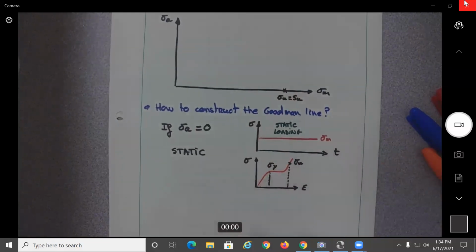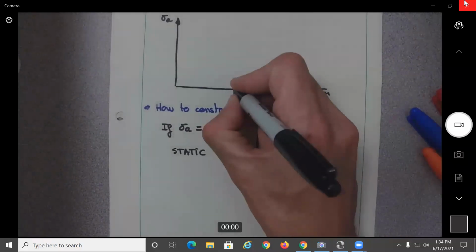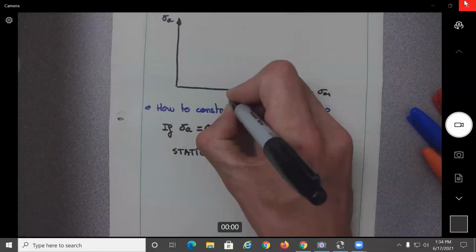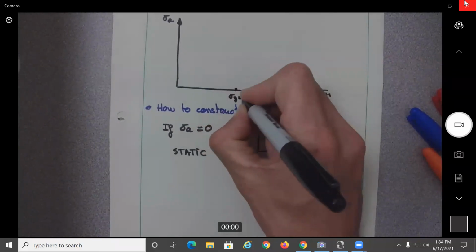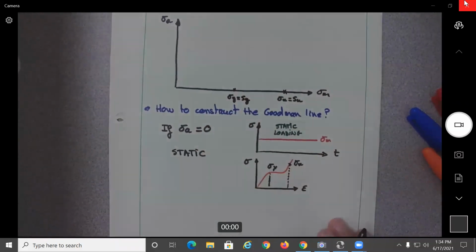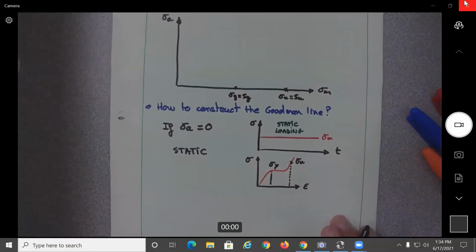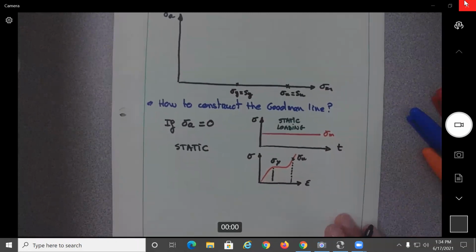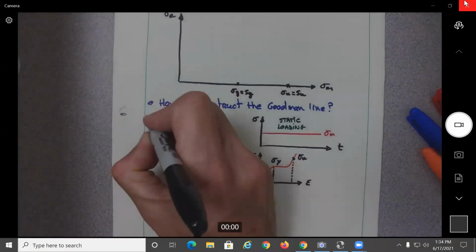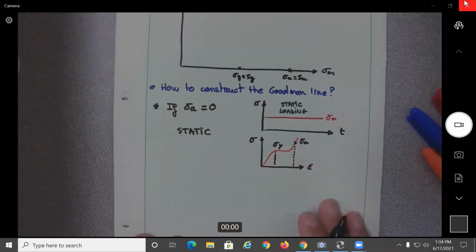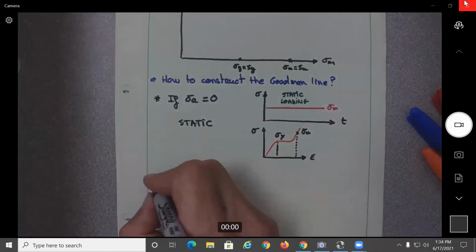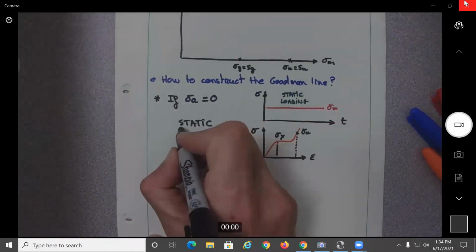Or if you decide that it's going to fail at the yield value, you will have here a sigma sub y equal to S sub y. All right, so this would be the first case over here. So now we do the other case. So this is the static.